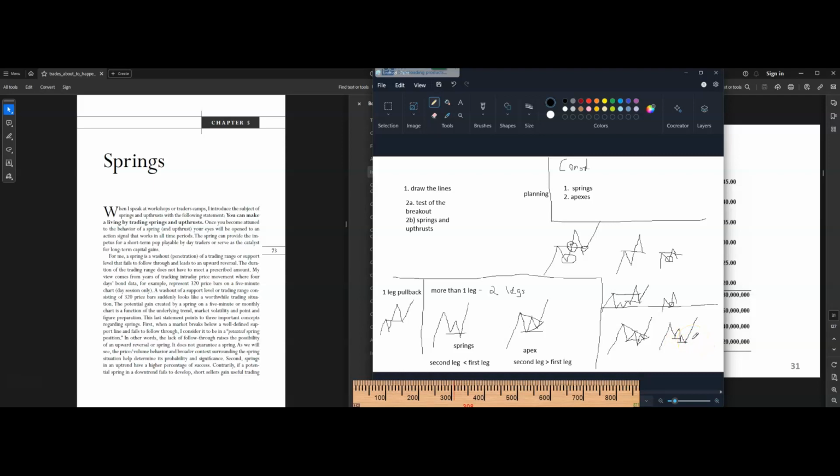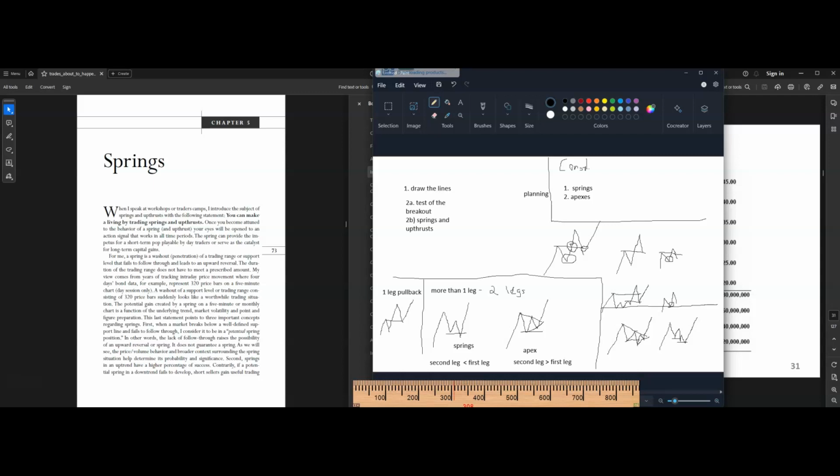So what does this mean? It means that really you only have these 3 models. These 3 models can describe all pullback behavior. You either have 1 leg or you have more than 1 leg.